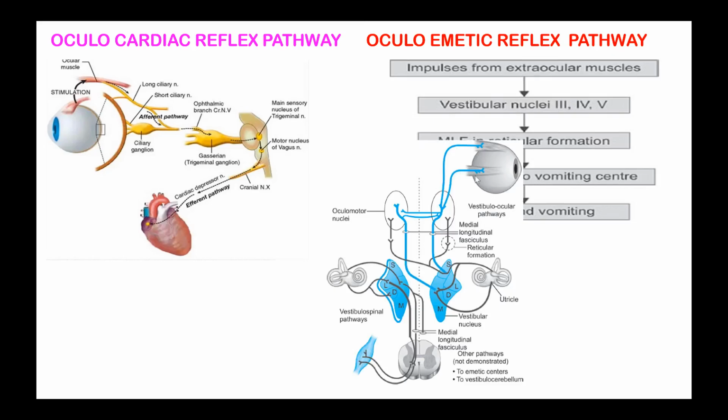Here you can see the ocular pathways, medial longitudinal fasciculus, reticular formation. Just like the vagus nucleus being adjacent to the trigeminal, this vomiting center is adjacent to the vestibular ocular pathways, and that causes the vomiting. So that is how the oculoemetic reflex occurs.